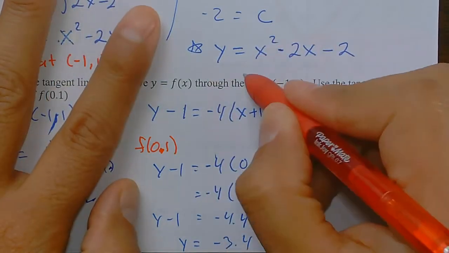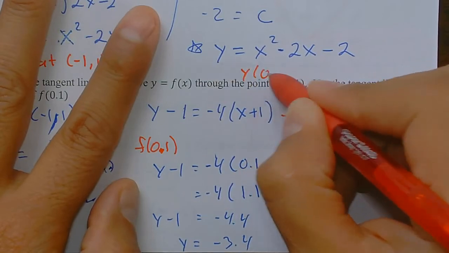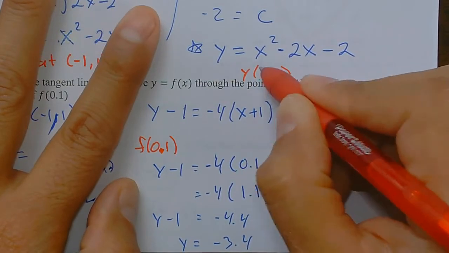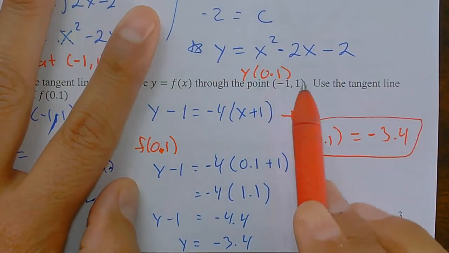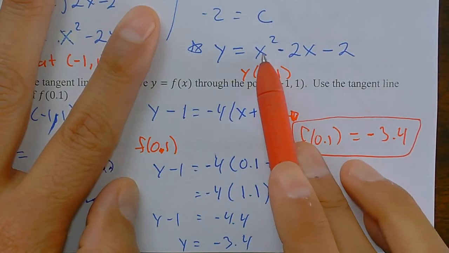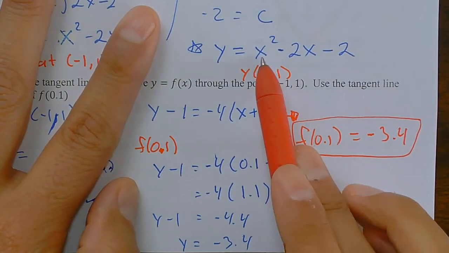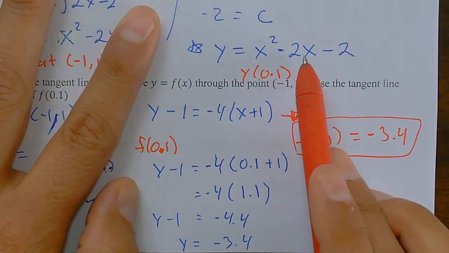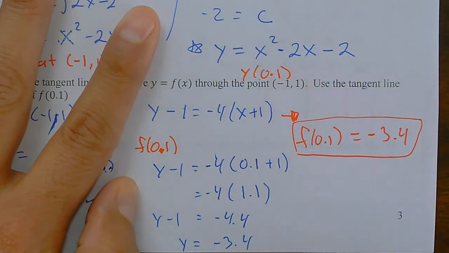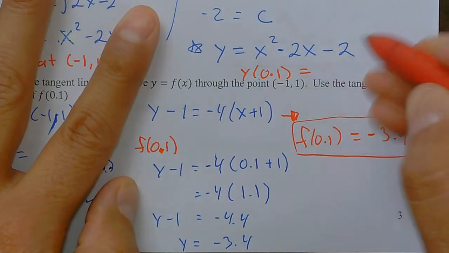It looks to be -2.19. You could all verify my math. And actually, let me change this. This is an approximation. It's not -3.4. It's actually -2.19.